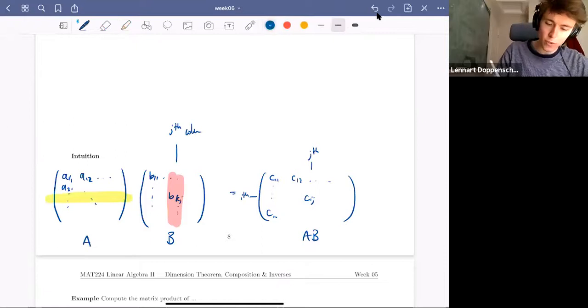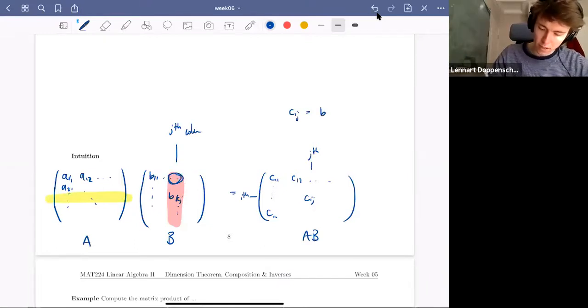And what you do is you just write that Cij is going to be the first element in here, which is going to be ai1, and the element in here. You just multiply them together.